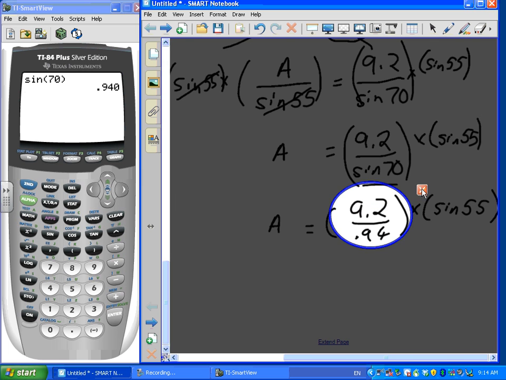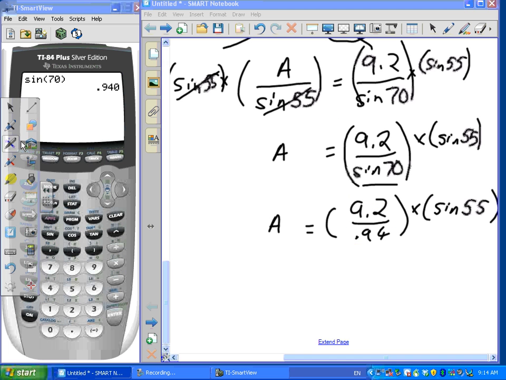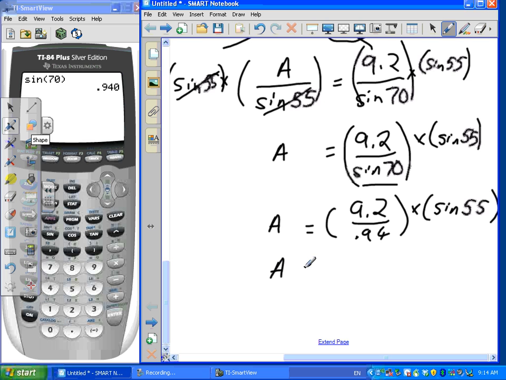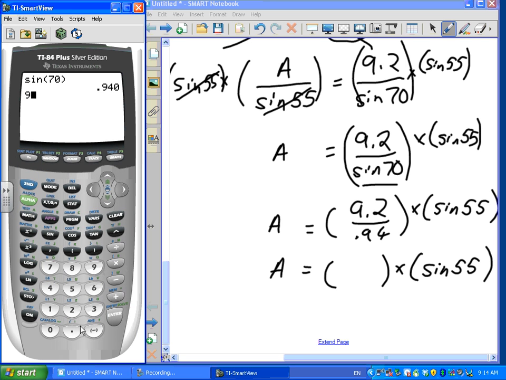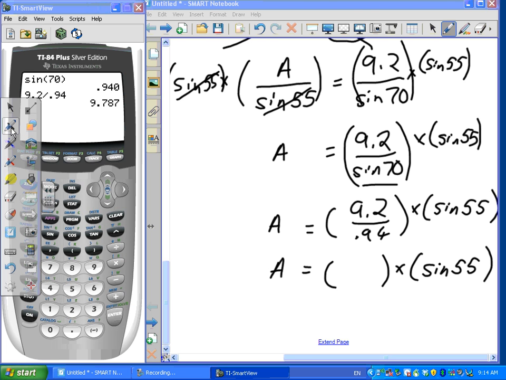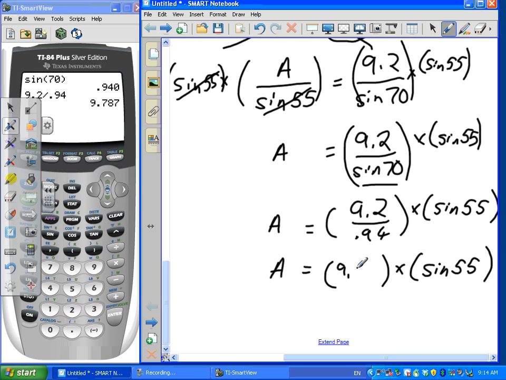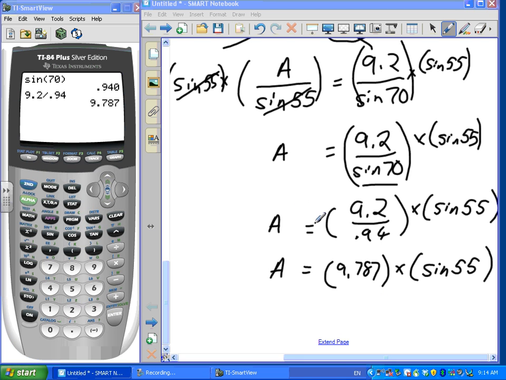I'm going to divide 9.2 by 0.94. So once again, the rest of the equation, we're solving for this bracket. We still have to multiply by sine 55. So, next line, I have 9.2 divided by 0.94 equals, there we go, 9.787. So I've solved that fraction.